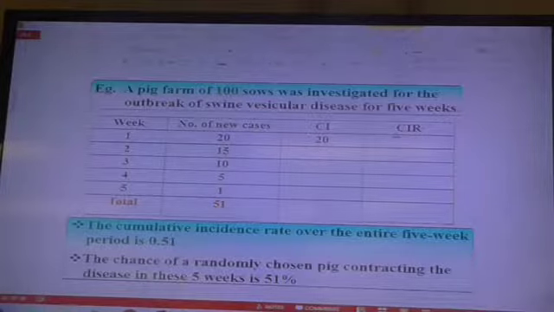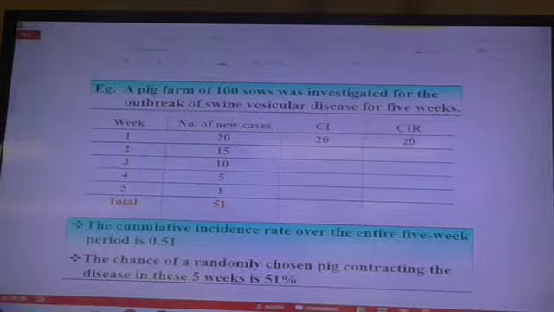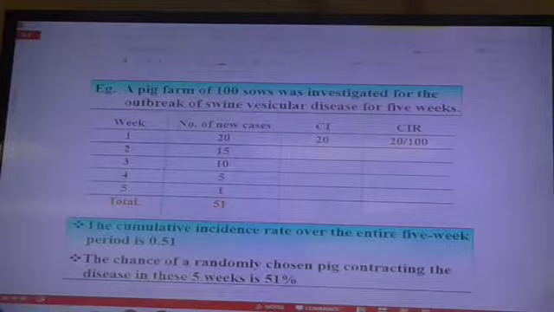So this becomes 20 divided by 100, you can say per week, because that occurred in 1 week. Always understand that when you are calculating incidence. So you can just say 20 out of 100 cases per week.